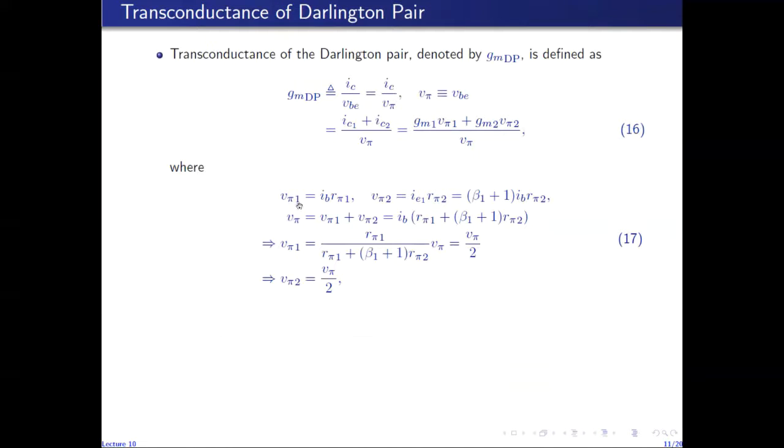Since v pi is the sum of these two voltages, v pi1 and v pi2, I add these two terms, take IB out common, and this is the relation I get. Then in this expression, I replace IB as v pi over this term. So v pi1 becomes v pi over this term times r pi1.